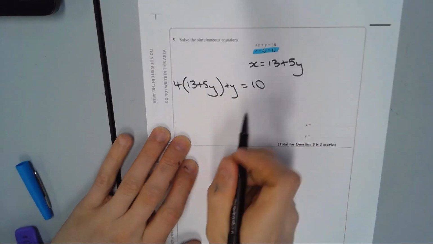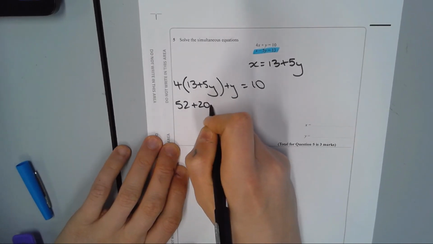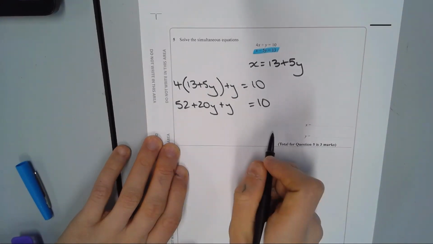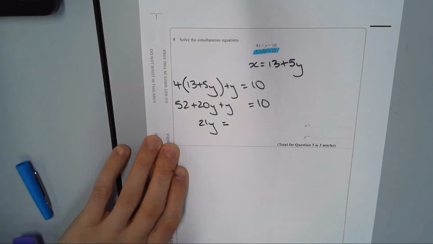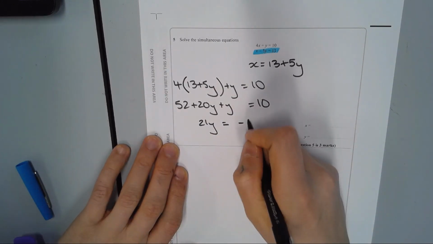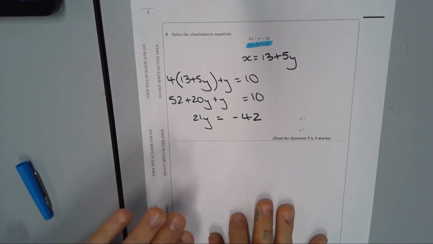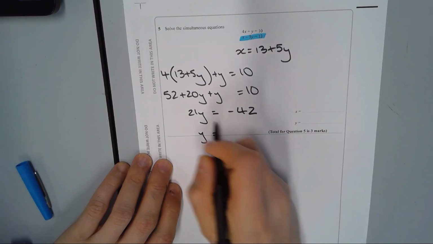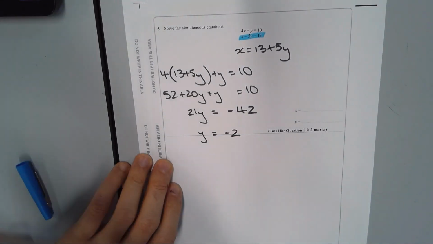Okay, expand those brackets, so we've got 52 plus 20y plus y is equal to 10. I need to solve this for y, so I end up with 21y on this side. I've taken away 52, so I've got negative 42, so I've got 21y is equal to negative 42. Okay, so that gives me a solution of y is equal to negative 2. So that's my first part here, y is equal to negative 2.